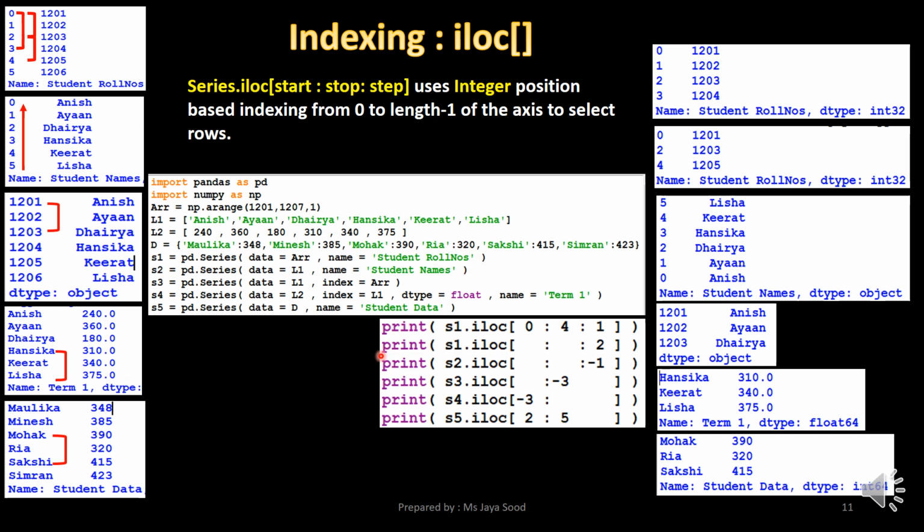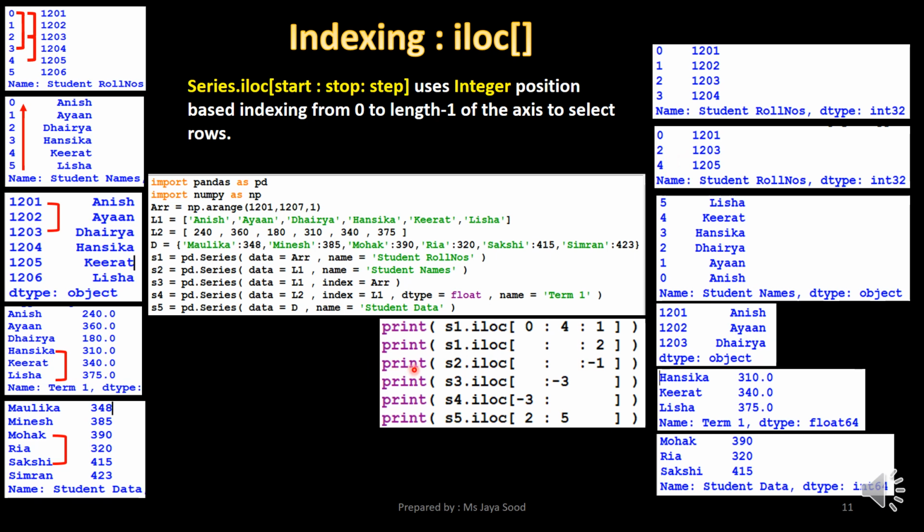The next statement, print s1.iloc[::2], will by default start the selection from the 0th row and will go till the last row. The step value is 2. So it will display all alternate rows from the series S1. That is the 0th row, the 2nd row and the 4th row as shown here in the output.